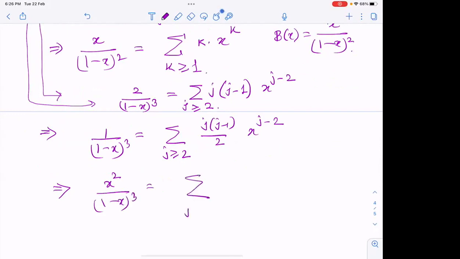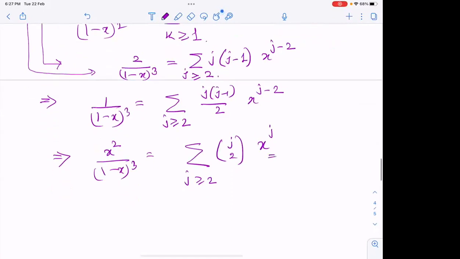What do you get? So let me write this as j choose 2 x power j.